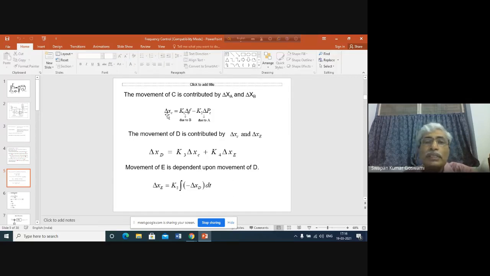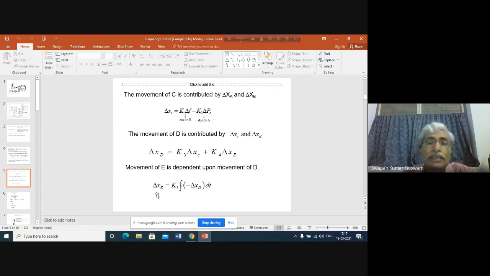We shall be taking the transform of this equation. So delta XC(s), the delta XC transform, will be equal to K1 delta F(s) minus K2 delta P(s). Generally, we shall be writing capital F of S to represent the transform quantities. Similarly, delta XD(s) we shall write equal to K3 delta XC(s) plus K4 delta XC(s).